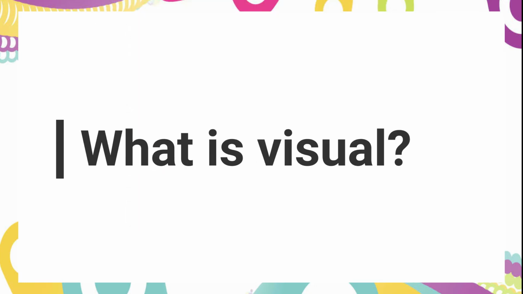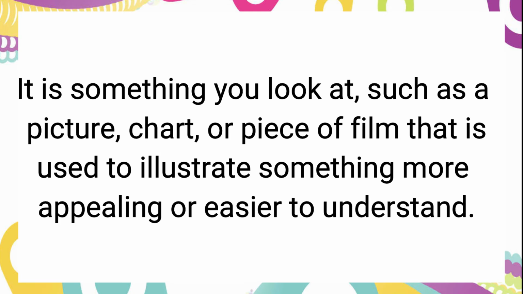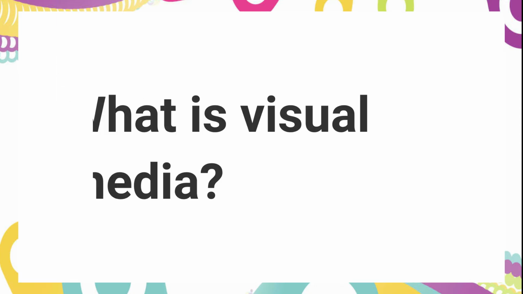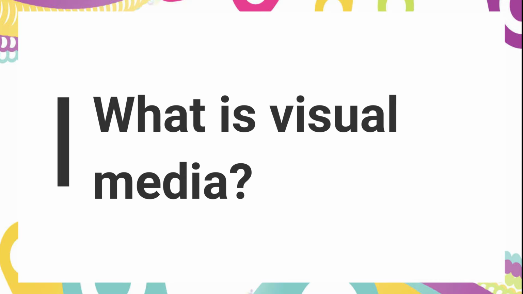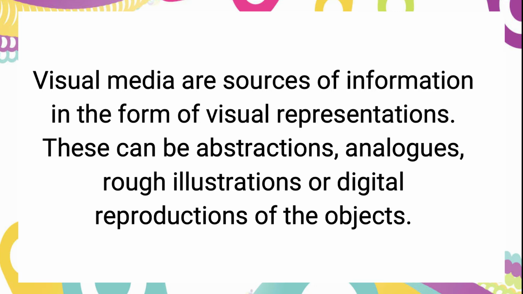What is visual? It is something you look at, such as picture, chart, or piece of film that is used to illustrate something more appealing or easier to understand. What is visual media? Visual media are sources of information in the form of visual representation.